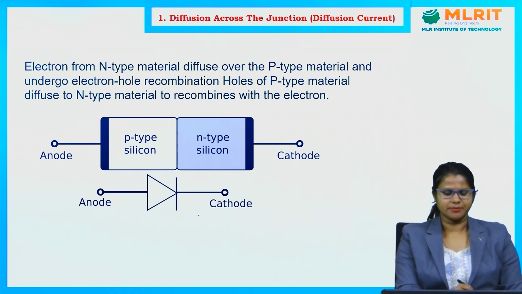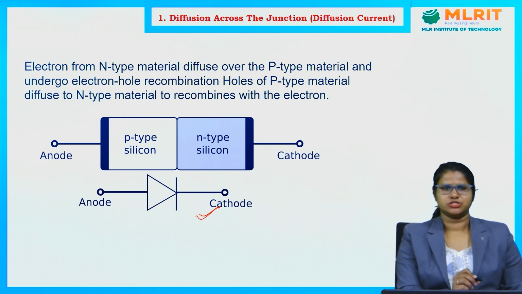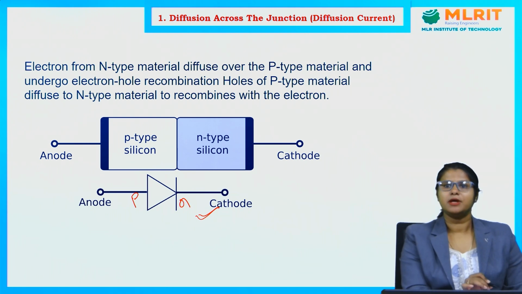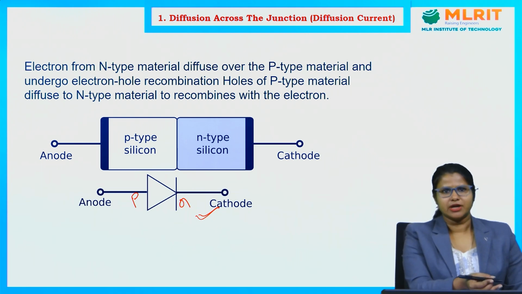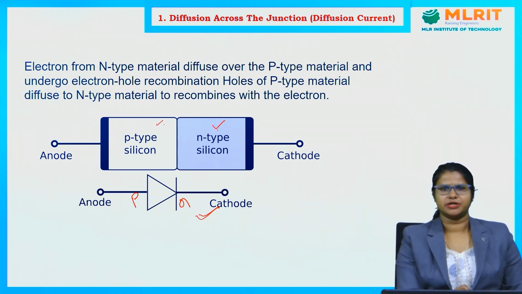This diagram is the schematic representation of the PN junction. This side shows the P side and this is the N side. We can also represent it like this, where one side shows the P-type and the other side shows the N-type.